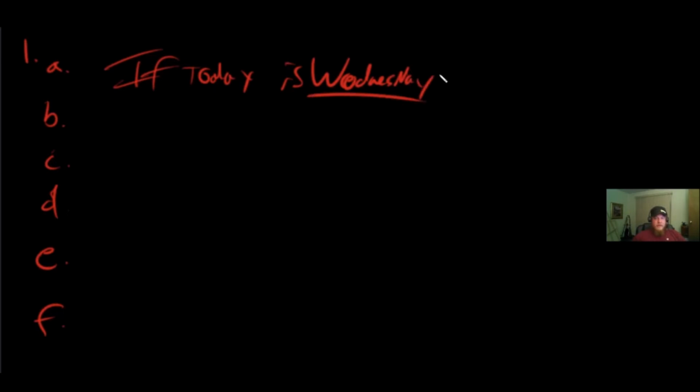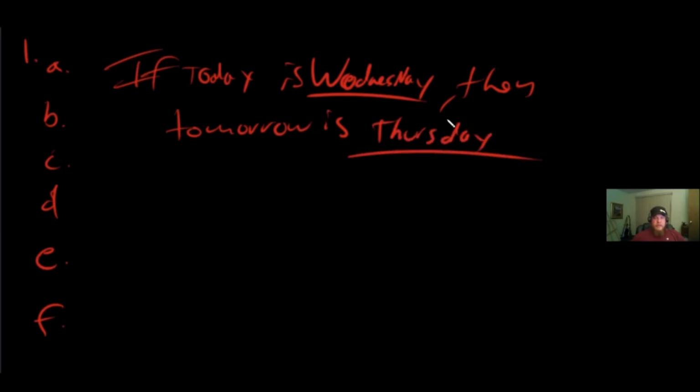Now, whereas I have done things a while ago where I was underlining stuff, I was saying things like, if today is Wednesday, then tomorrow is Thursday. And I said something like that would be W arrow T. If today's Wednesday, then tomorrow's Thursday.